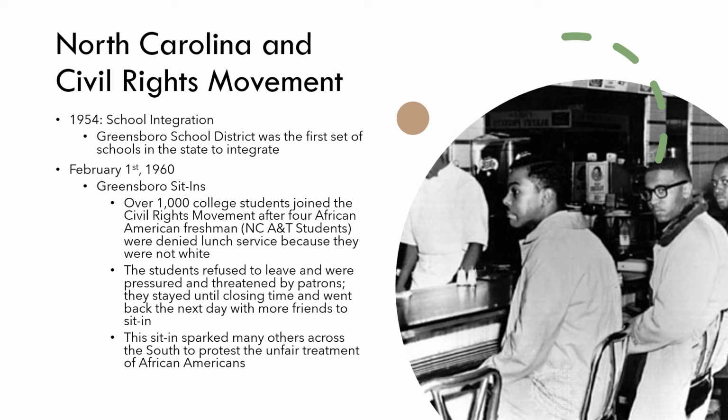And this happened because of the Brown versus Board of Education law that was passed in Topeka, Kansas, where they felt that it was necessary and a right to have kids go to school with all different races and genders, etc.